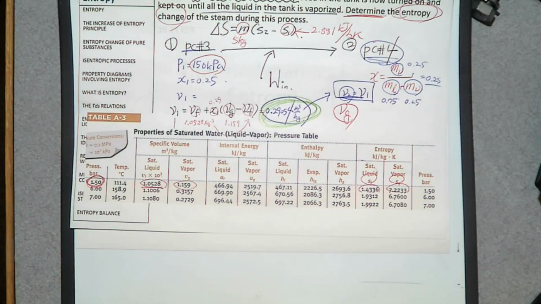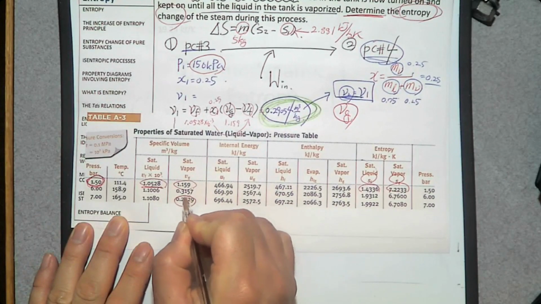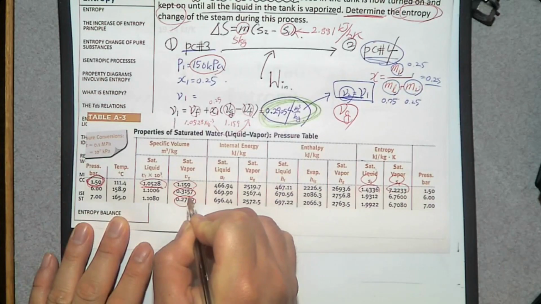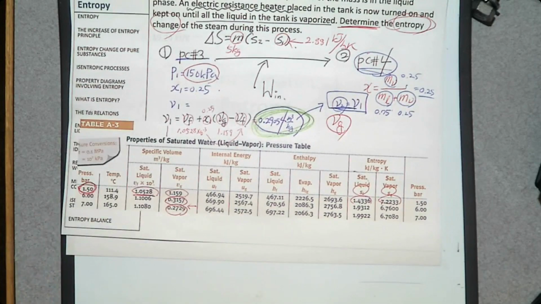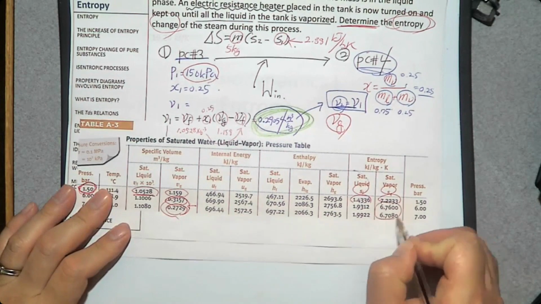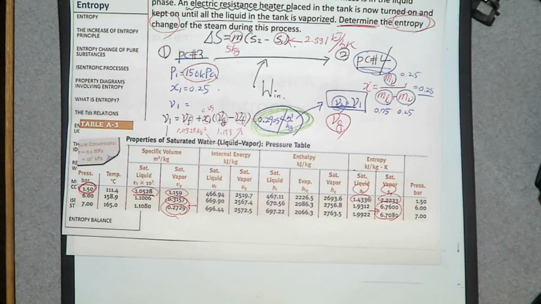Right here. So what do you need to find? This number. So 0.29 is greater than this one and less than this one. So the final state is between these two. Then its specific entropy is also going to be between these two numbers, right? So how do you determine the exact specific entropy? By linear interpolation.